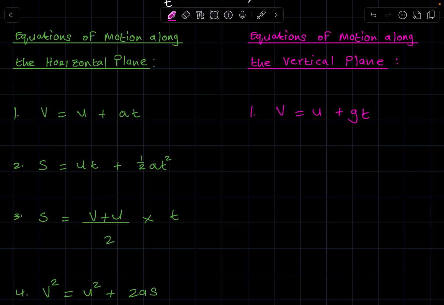The t remains the same. So the only thing that changed here is the acceleration. When the object is free falling, for instance, because the velocity is influenced by gravity, we use the gravitational acceleration as opposed to just acceleration.